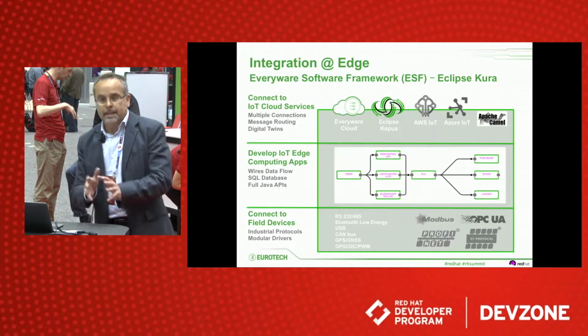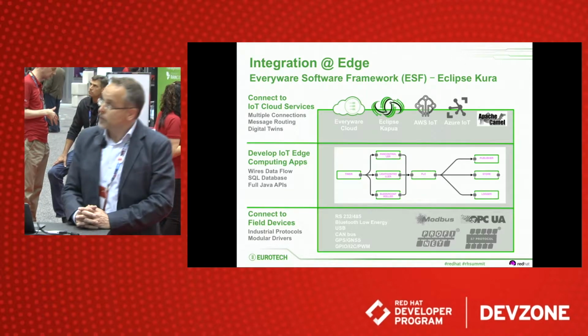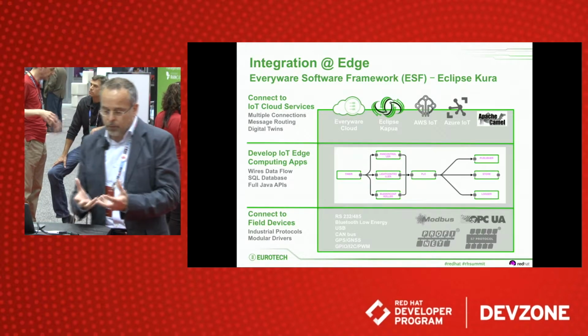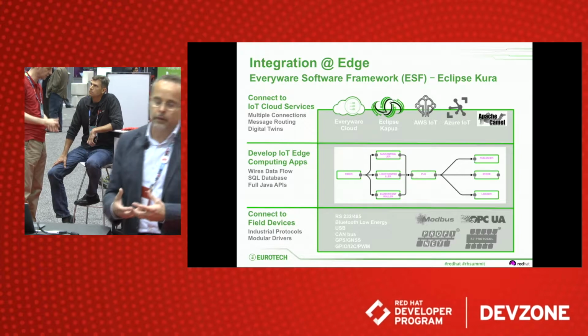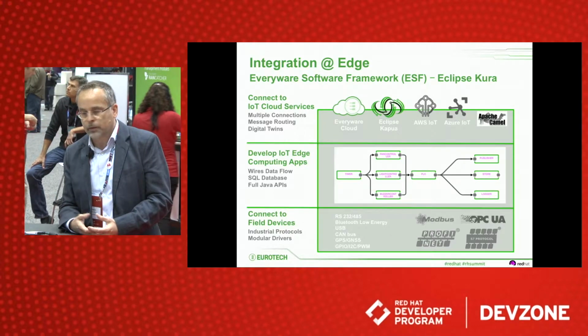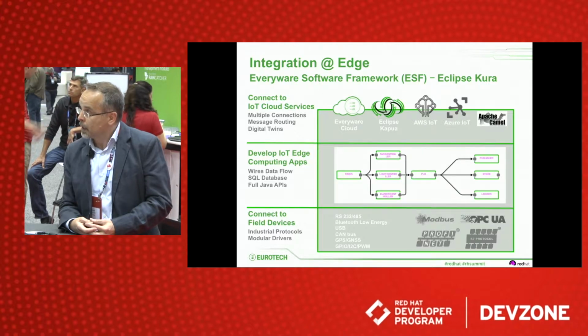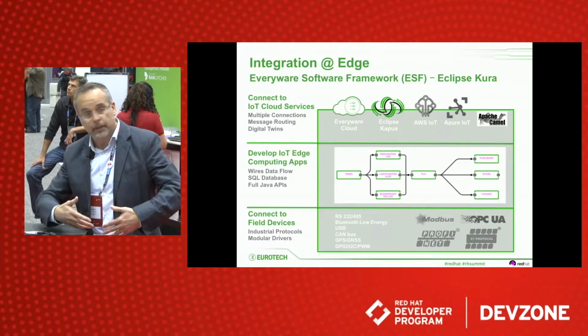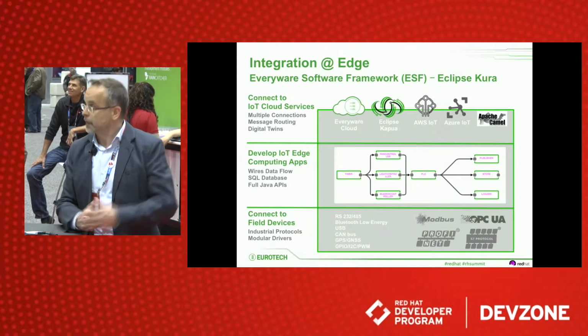The title was Simplifying IoT Solutions, and here we are really talking about the core, the most important part of the entire architecture, which is the connectivity at the gateway level from the devices and then up to the clouds.